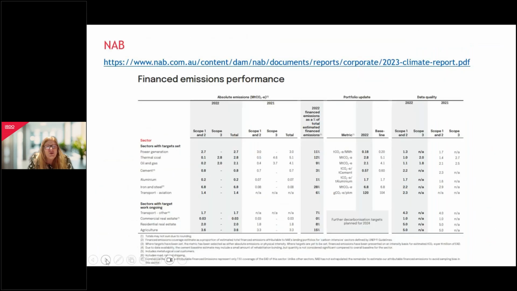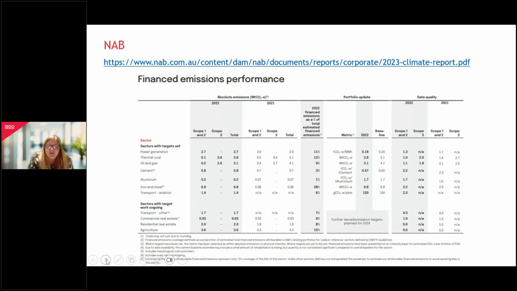I was looking for some real life examples. I found a NAB example from the 2023 climate report. And this is a financed emissions example. I thought you would find this interesting. So they've had financed emissions. There's a link to the report, but this is an extract from the report. They've broken it down per sector. The two big categories are sectors with targets set and sectors with targets that they're working on.